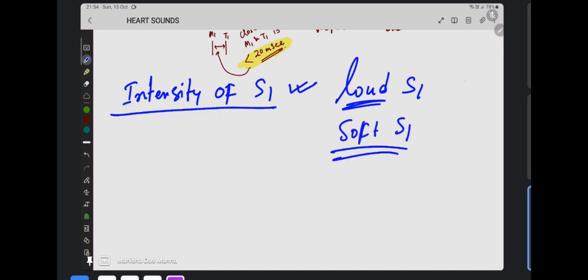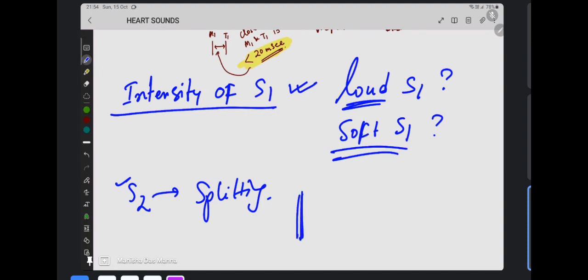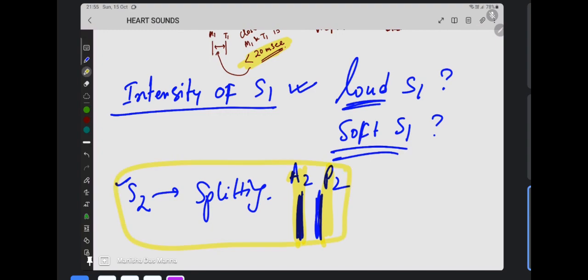For S2, splitting is important, A2 P2, the aortic valve closing first and then the pulmonary valve. But intensity is important in S1. I will discuss these later.